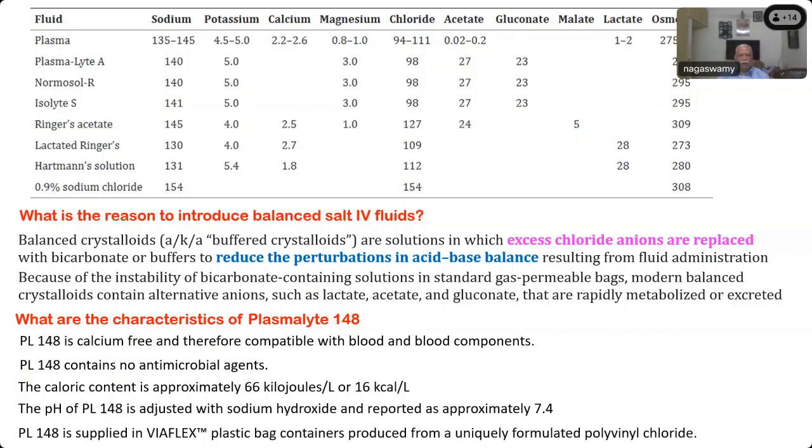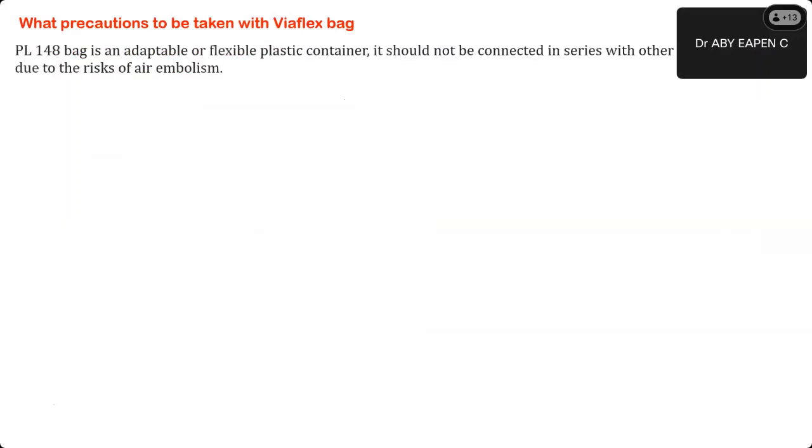What are the contraindications or complications that can be produced by the Viaflex container, these plastic bags? What precautions are to be taken with a Viaflex bag? It's an adaptable flexible bag. How does the fluid go inside when there is no venting in that bag? It is a collapsible bag. Okay.